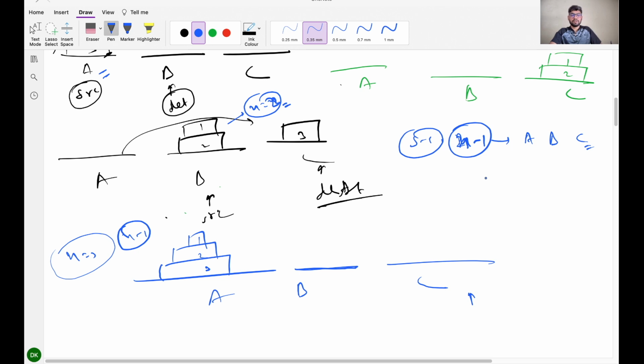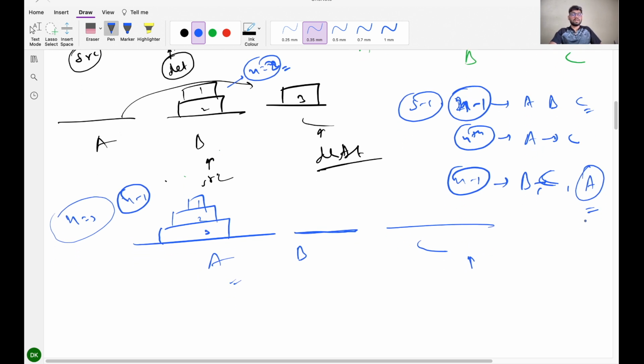After that we place my biggest disk, that would be my nth disk, from A to C, and after that the remaining n minus 1 disks I have to place from B to C using A as an auxiliary stack.